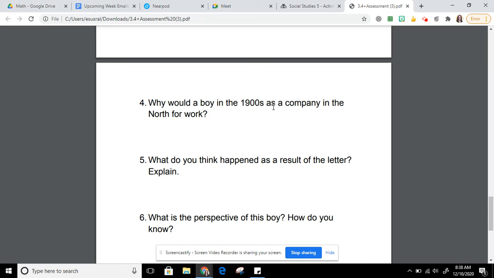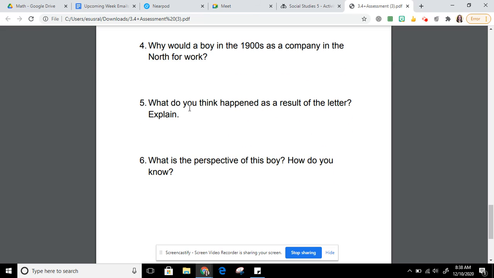I'm sorry, that should say ask. That was a typo. Why would a boy in the 1900s ask a company in the North for work? So you're answering that question of why would a boy ask a company in the North to work for that company? Why would he ask?